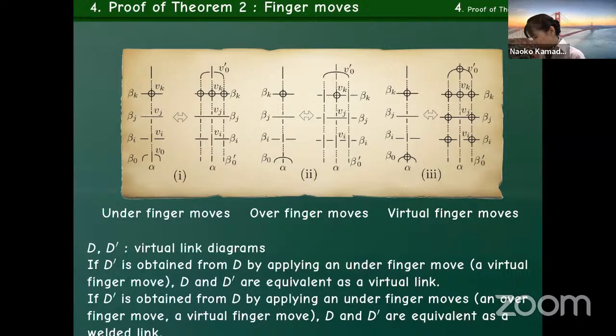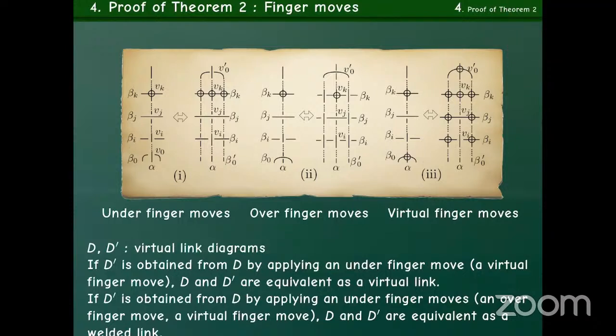That move is the over finger move. For the virtual finger move, beta 0 and alpha make a virtual crossing. In that case beta 0 making an underpass, others making a virtual crossing.